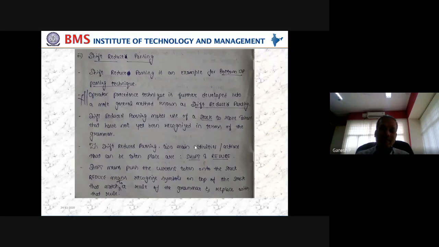If it is not possible, it will take one more input from the input string. Every time a shift operation is over, the compiler checks whether it is possible to convert the contents of the stack into one of the existing grammar rules. If it is possible, that gets reduced. Otherwise, shifting continues.